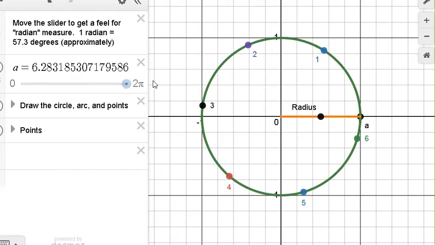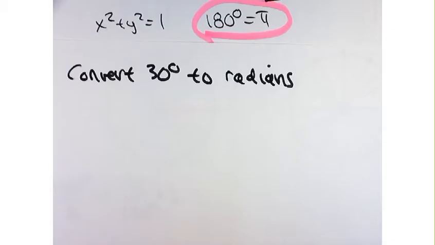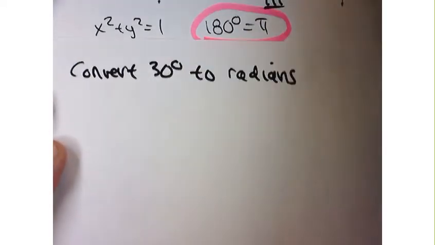In any case, let's do some conversions. Let's start out with some familiar things and work to the unfamiliar things. So let's convert 30 degrees to radians. Convert 30 degrees to radians.